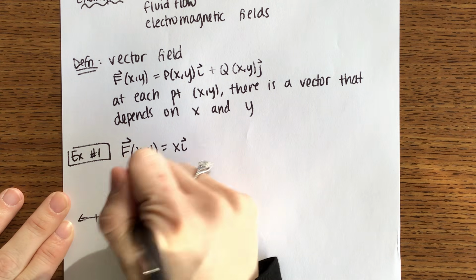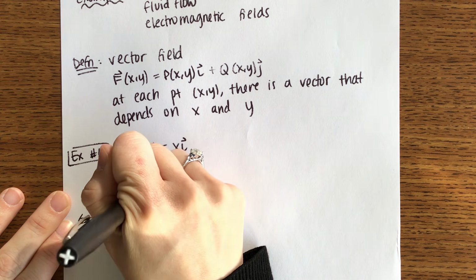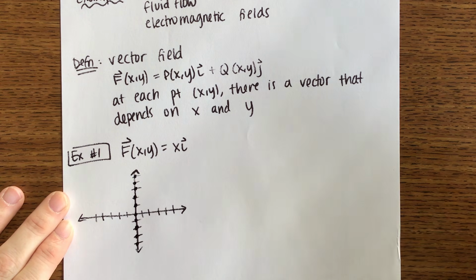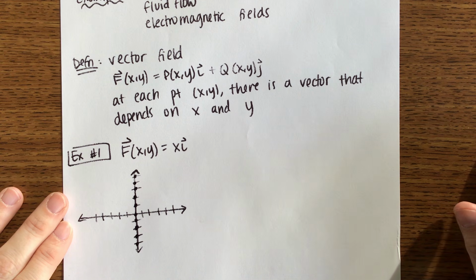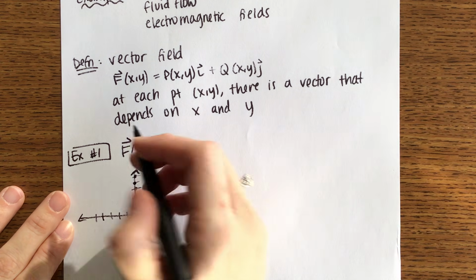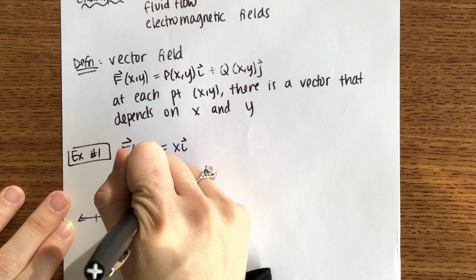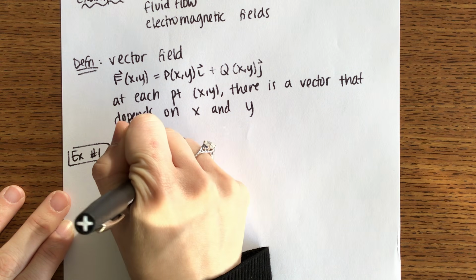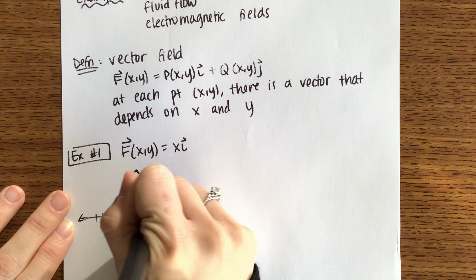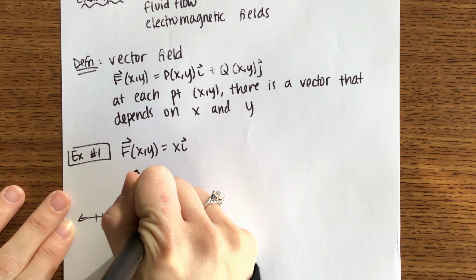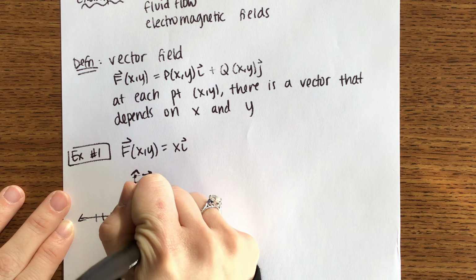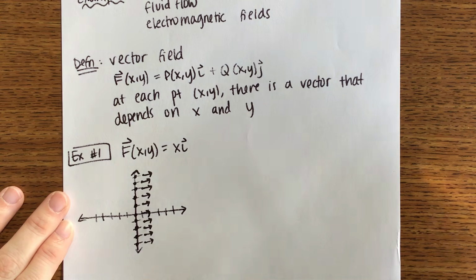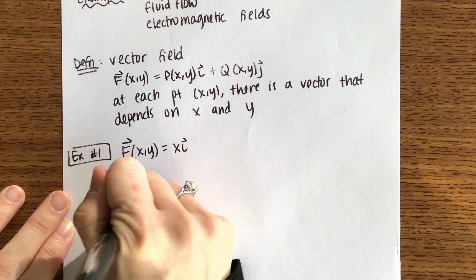At x equals 0, you just get a point. When x equals 1, you get the vector 1, 0. So that would be a vector like this. Likewise, when x is negative 1, you get the vector negative 1, 0. So that's something like this.